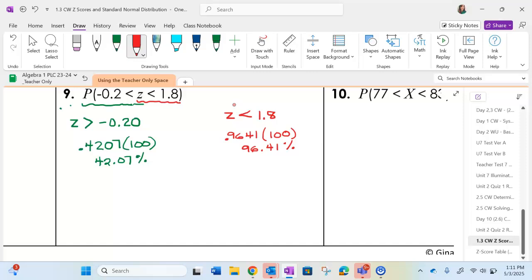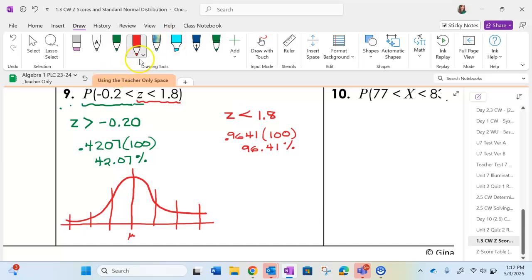Now I'm going to draw a picture. Before we do anything else, we need to see what we're doing. I'm going to draw this one a little bit bigger because it has two of them. So my mean is right in the middle. I'm going to draw my 1 standard deviation, 2 standard deviations, 3. Same on this side, 1, 2, 3.